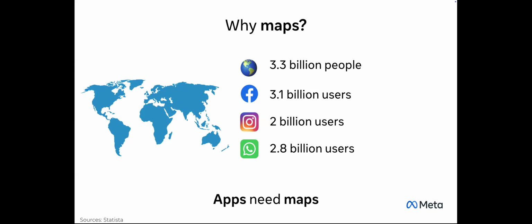We are serving more than 3 billion people, with daily active users of more than 3 billion for Facebook, and 2 billion for Instagram and WhatsApp. Our apps need maps in different surfaces. At the moment, 42 different surfaces on Meta products use maps, and we are working on providing the best quality of maps for our users.